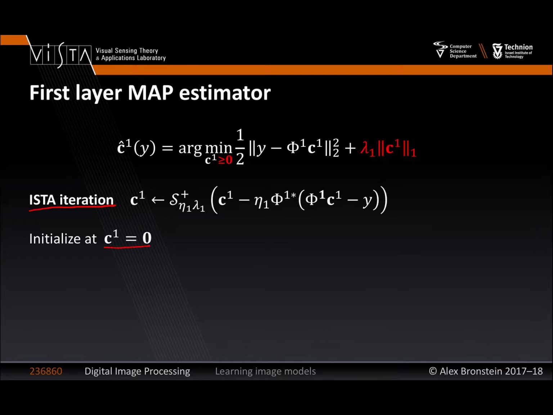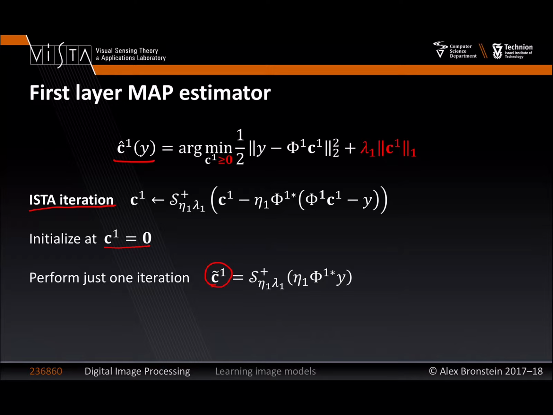So I'm initializing this iteration with a zero set of coefficients. And let's just do a single iteration. So it will not give me exactly this set of coefficients, but it will give me some approximation of that set of coefficients. So this is how my approximated set of coefficients at first level will look like.